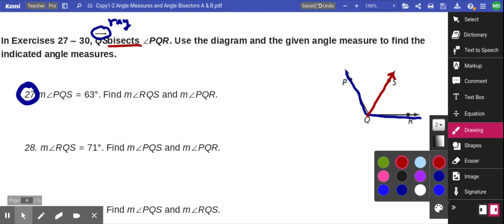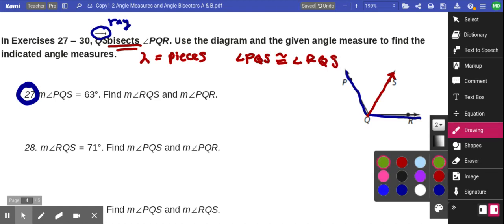When we see the word bisects, that's two equal pieces. That means angle PQS is congruent to angle RQS.